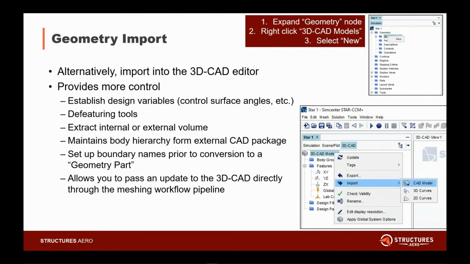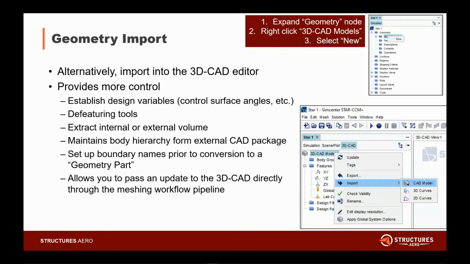You can establish design variables, for example, control surface angles, or like a landing gear, so you can actually change whether it's out in the flow stream or not. There are tools for defeaturing your geometry. There are tools for extracting internal or external volume. So one example I'll give there is, let's say you have an intake manifold for an engine.